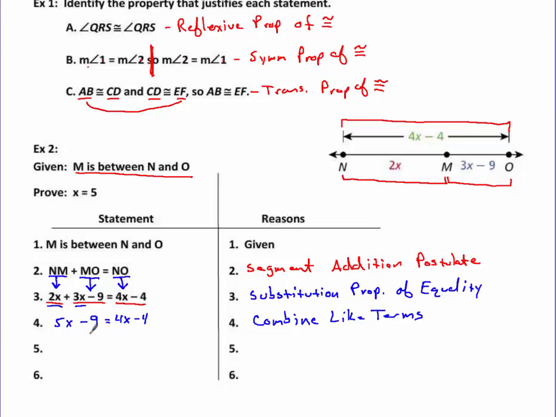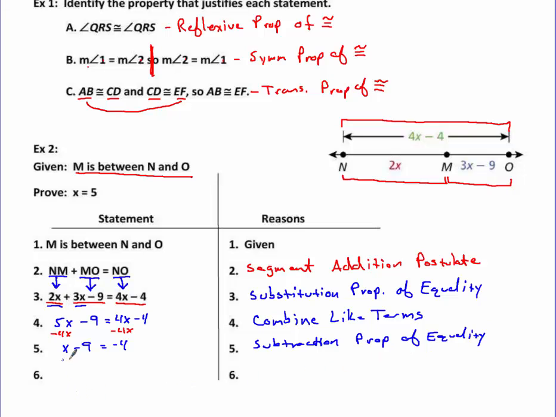And now I look at my problem and I'm just going to solve it like I do all my problems. So I'm going to put all the x's on the same side. So now I get x minus 9 equals negative 4. So to move that 4x, I subtracted something from both sides of the equal sign. So I subtracted the same thing from both sides of an equal sign, which is done using the subtraction property of equality.